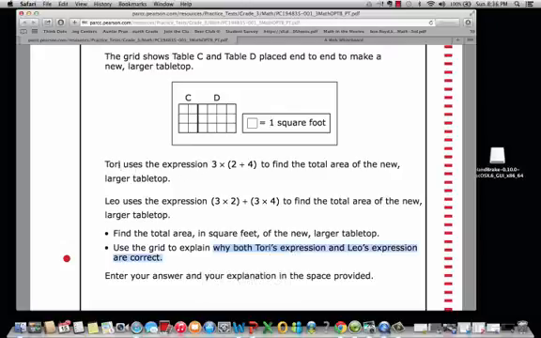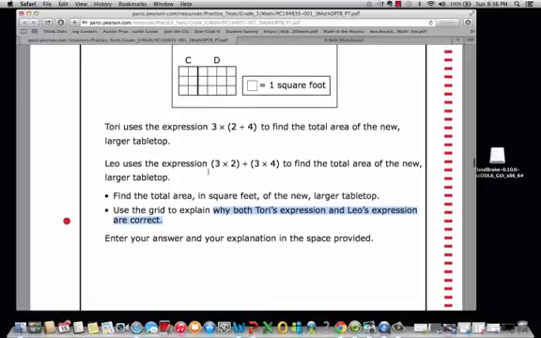Several of you said Tori's right because 3 times 6 is 18, but you didn't take the time to go through Leo's point too and say that 6 plus 12 is also 18. To do this, you needed to evaluate both of the equations and say that they are the same thing.